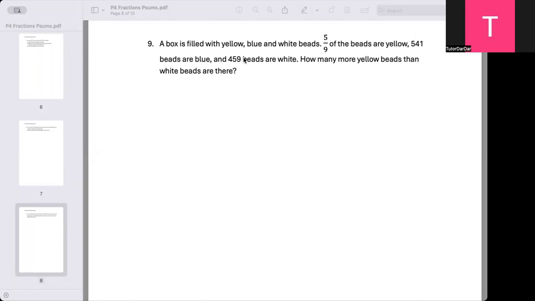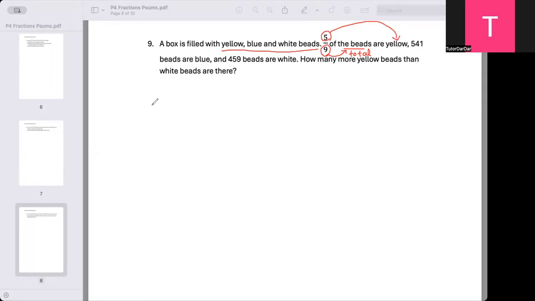Now, a box is filled with yellow, blue, and white beads. 5/9 of the beads are yellow. The moment they say 5/9, you know this 9 is going to be the beads, which are the total, and this 5 units is going to be these yellow beads.